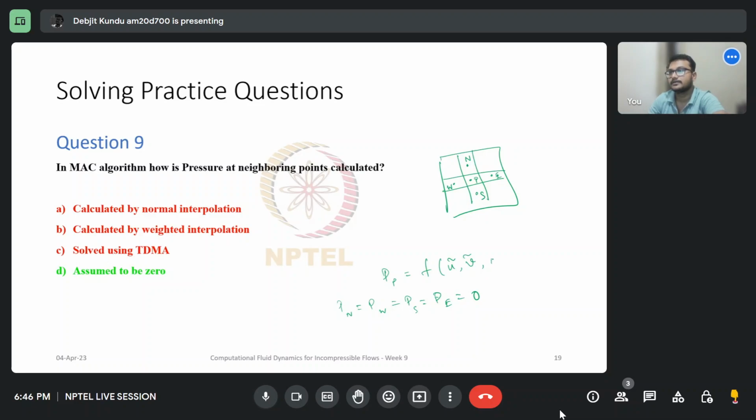So delta x, delta y, delta t, and so on.